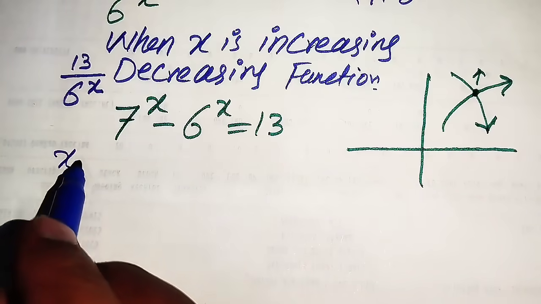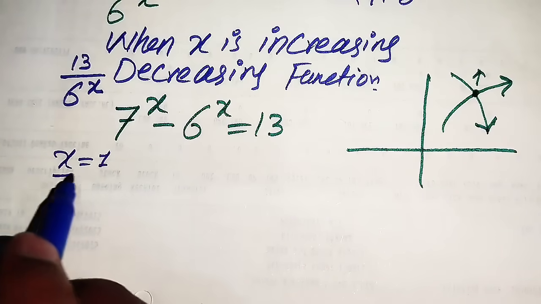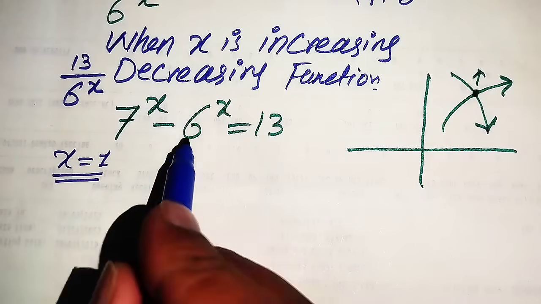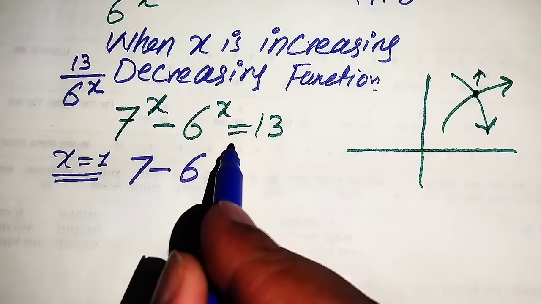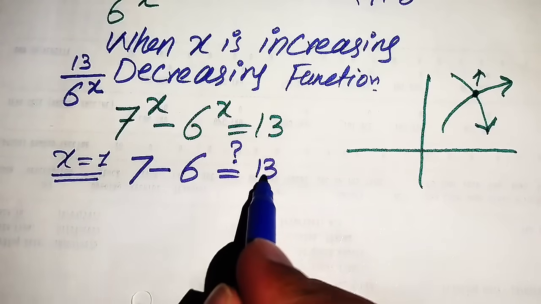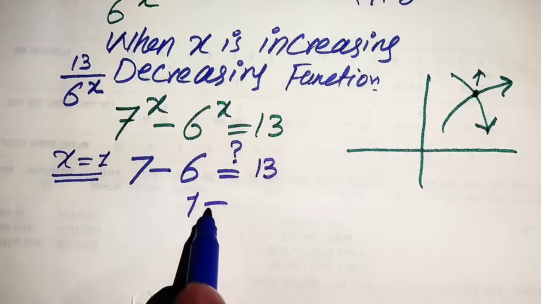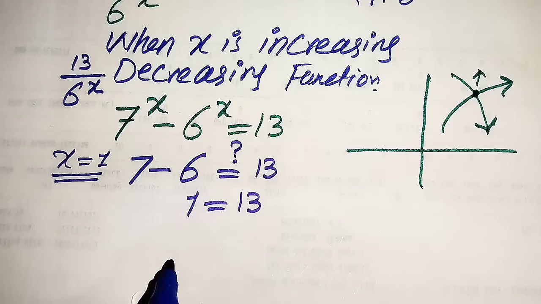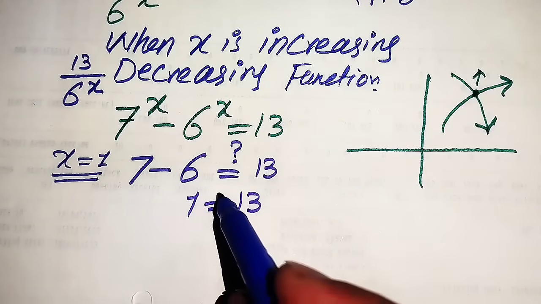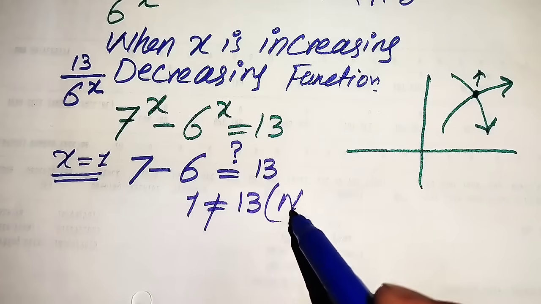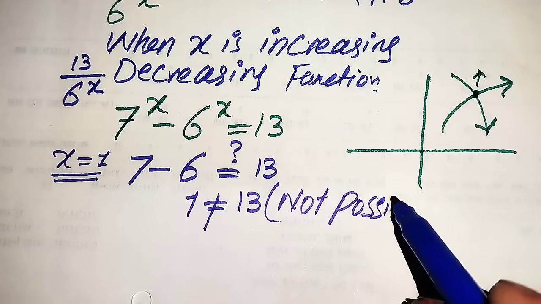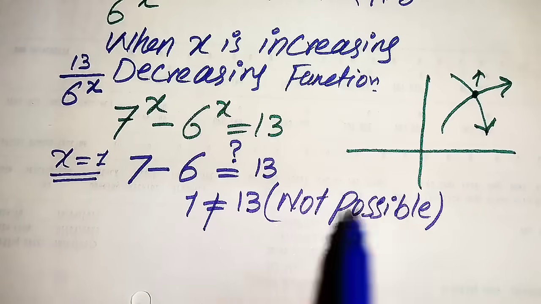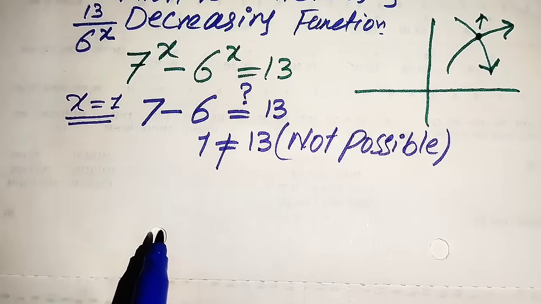So when we choose x is equal to 1, you see that the equation becomes 7 minus 6 is equal to 13 or not. So 7 minus 6 becomes 1, is equal to 13. Okay, and here you see that 1 is not equal to 13. So we can say that it is not possible.